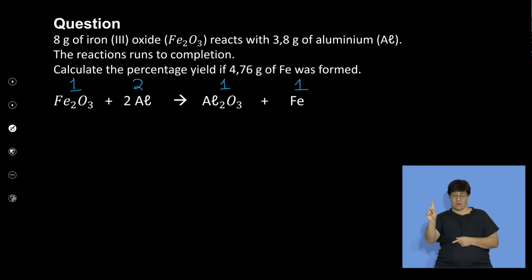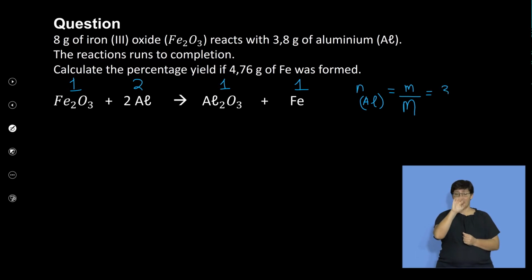Now let's ask ourselves, in 3.8 grams of aluminium, how many moles are present? So number of moles of aluminium is equal to mass of sample of aluminium over molar mass of aluminium. So it's going to be 3.8 grams divided by the molar atomic mass of aluminium, which is 27.